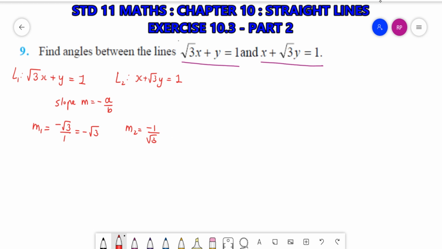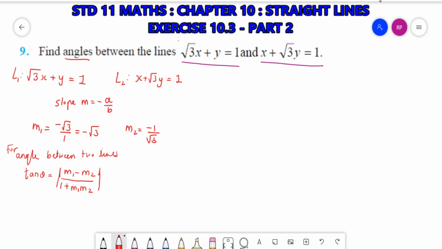Now we have to find out the angle between these two lines. And for the angle between two lines, the formula is tan theta equal to modulus of m1 minus m2 upon 1 plus m1 m2.